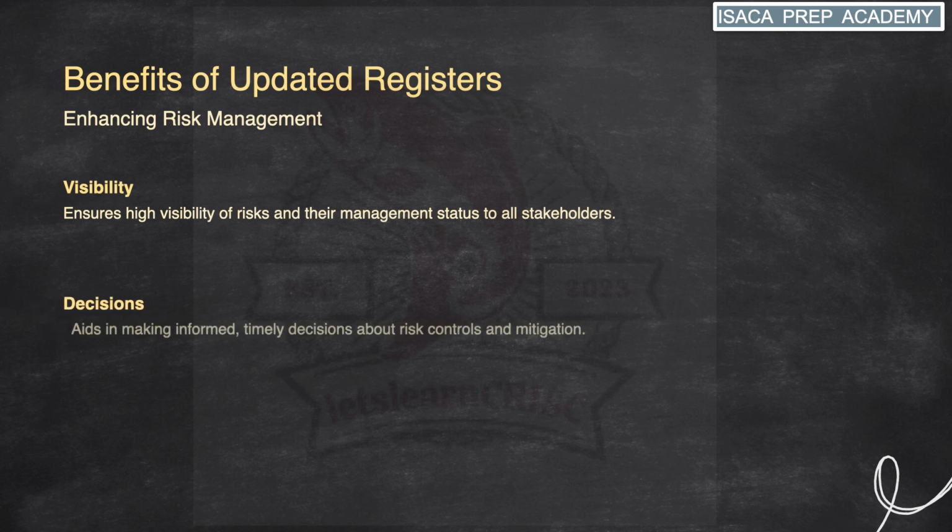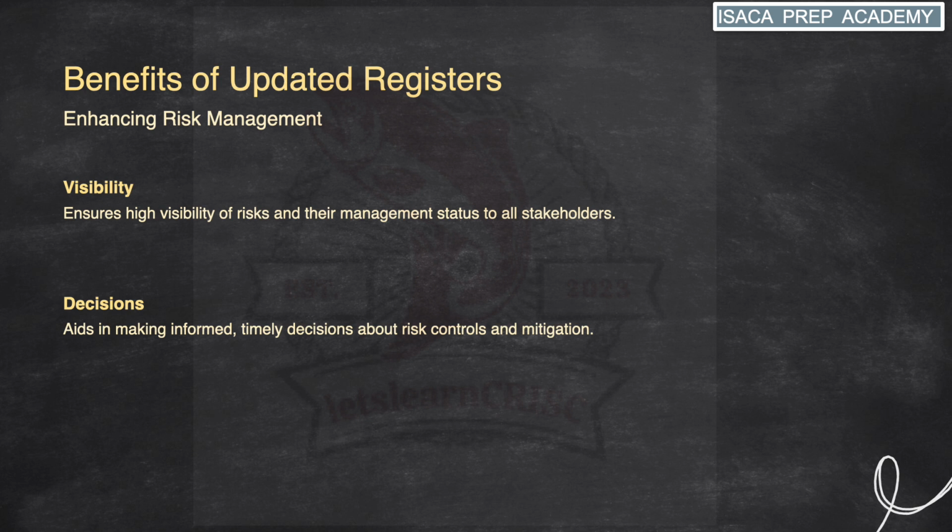Next, about the decisions. Friends, having access to comprehensive risk management information aids in making informed, timely decisions about risk control and mitigation within the company, what we have discussed, that is XYZ. By ensuring that our stakeholders have a clear understanding of the risks faced by the organization, including their likelihood, potential impact, and current management status, decision makers can assess situations effectively and prioritize actions accordingly.